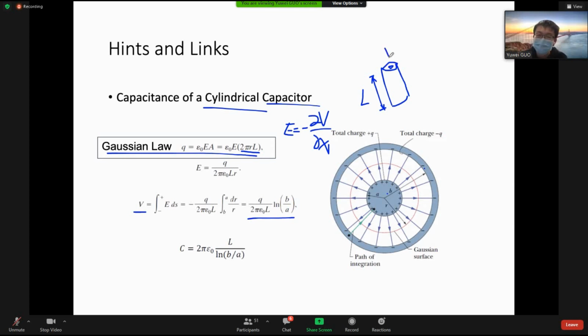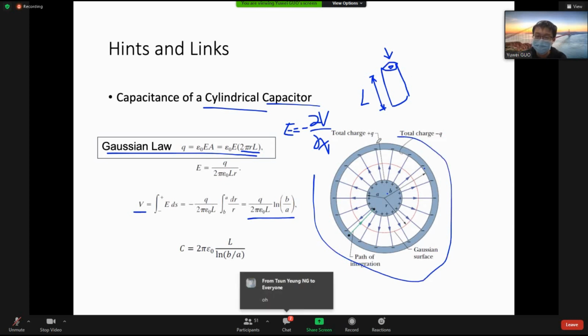And this picture is a front view of the cylindrical capacitor. So you can see that the air is here. It's about this one.